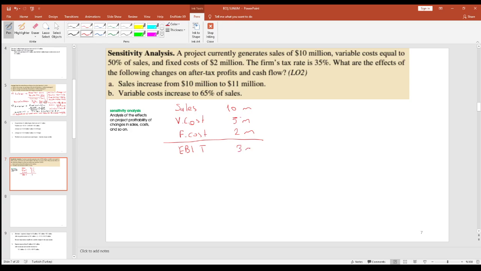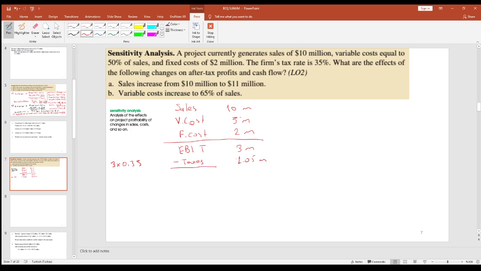less taxes at 35%, which means taxes over 3 million, 35% is equals to 1.05 million. Where is this coming from? If you multiply 3 times 0.35.